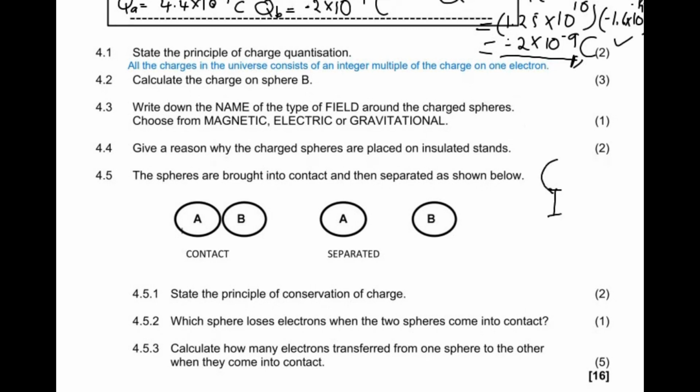Remember you have a charged sphere, the circle, and then there's the insulated stand. If now this was a conductor, electrons would move either to the stand or from the stand to the sphere.